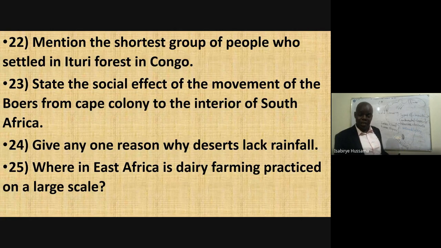Chad and Ngami are called inland lakes. I have a question that I will pose: why is the volume of water in Lake Ngami reducing in size? The answer one has to give is that there is high evaporation rate.